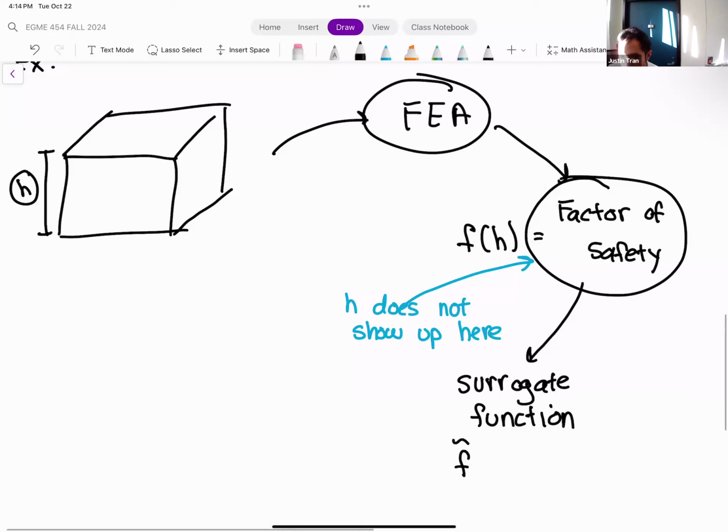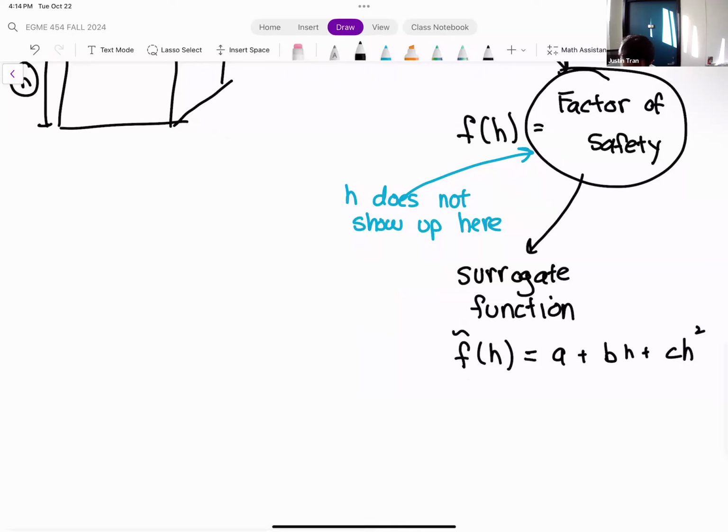We'll call this f with the squiggly hat, which is a function of h. And let's say that we define it to be a simple quadratic equation: a plus b times h plus c h squared.